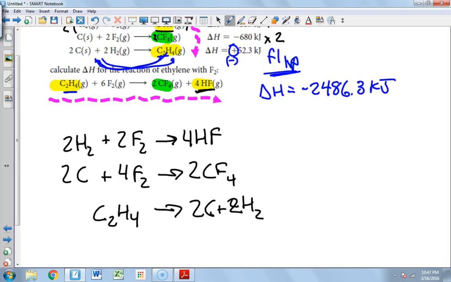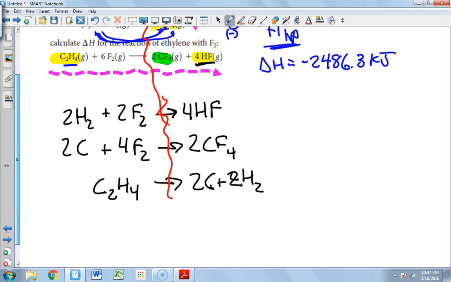Now I'm going to add these reactions up. That's why I line up the arrows. I always try to keep my arrows lined up through my whole thing. It's just how weird I am.